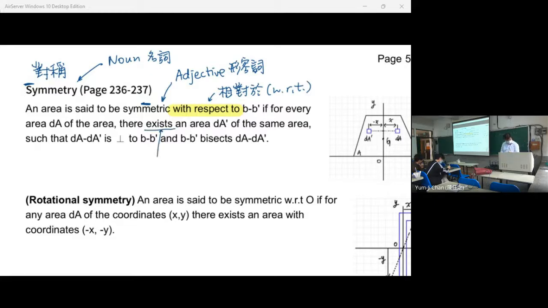And there exists an area. Exist means 存在. And bisect is 对切, 对半切.